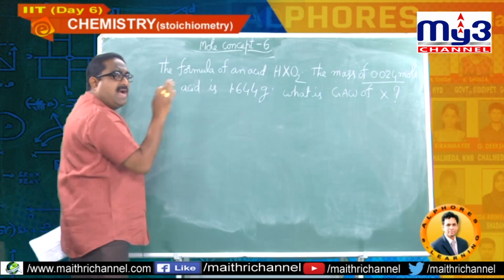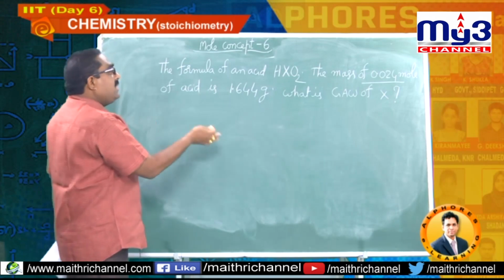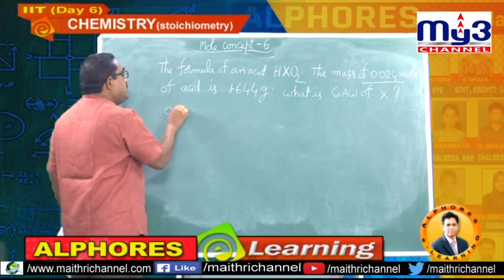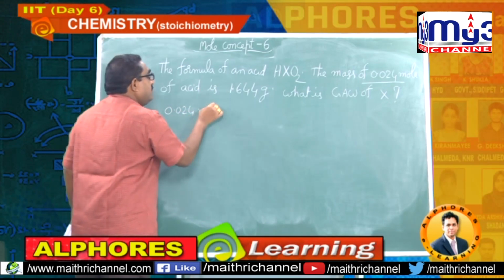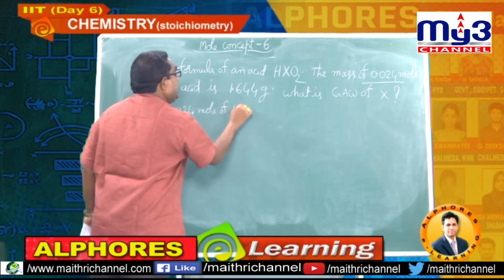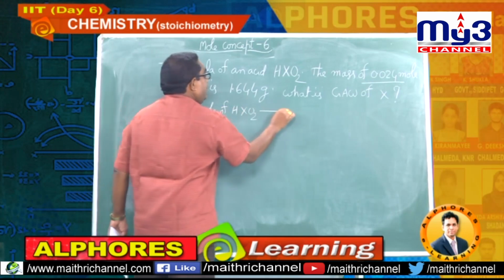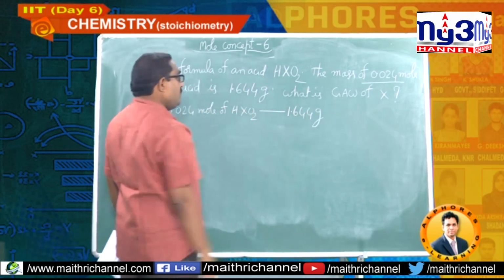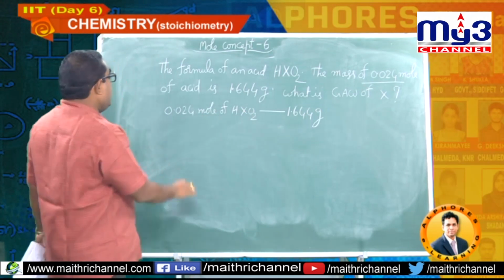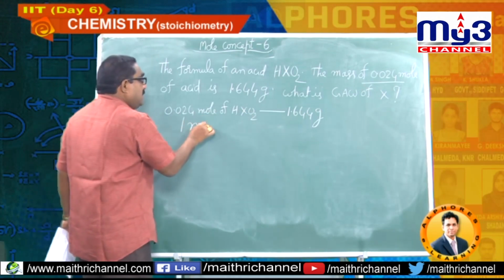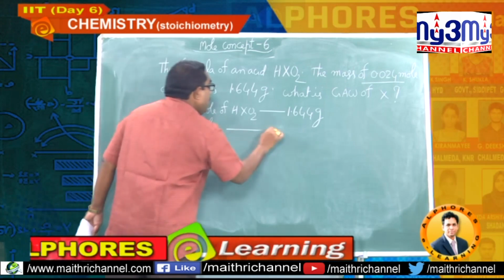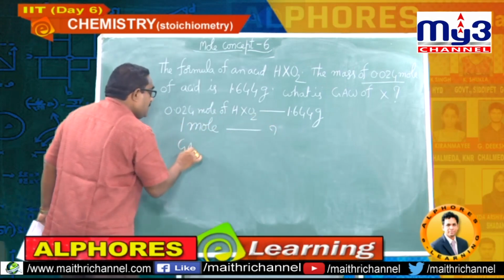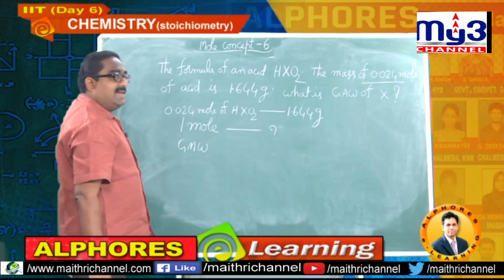Let me write the given data first of all. Please write down. 0.024 mole of HXO2 weighs, according to the question data, 1.644 grams. Right? Now I am going to calculate the mass of 1 mole of this, nothing but the molar mass of HXO2.